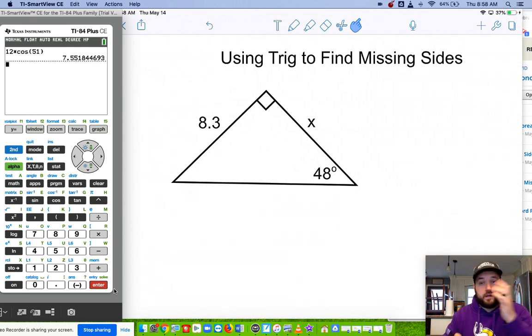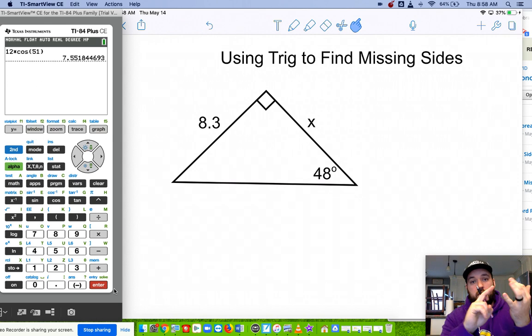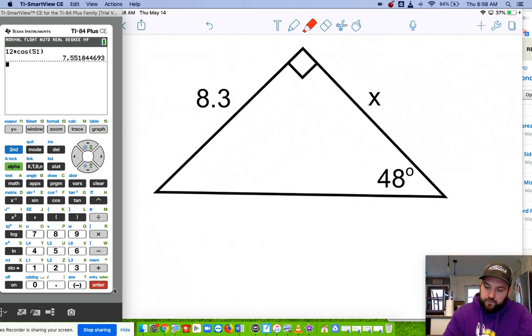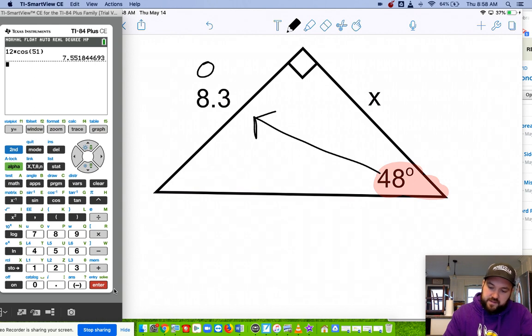All right, same idea. We have an angle, we have a side, and we have a side that is unknown but is marked with a variable. So here's my angle, 48, which is down here. If I'm going to label these things, this is my opposite side. There's the hypotenuse, which means this is the adjacent.